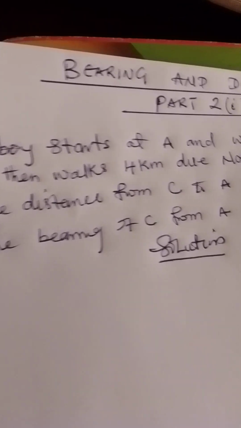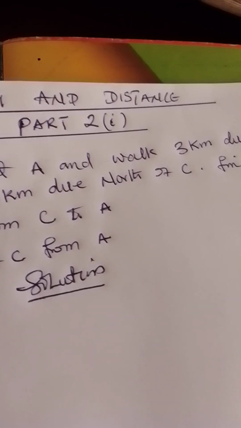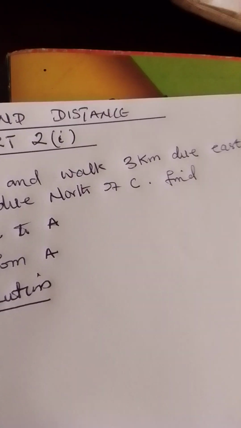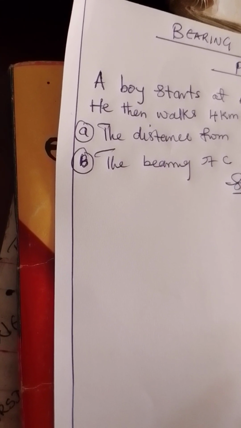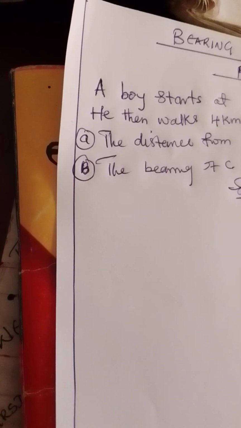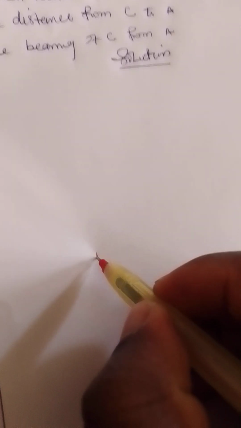It says that a boy starts at A and walks 3 kilometers due east of B. Due east of B. Now, let's say that this is our A.